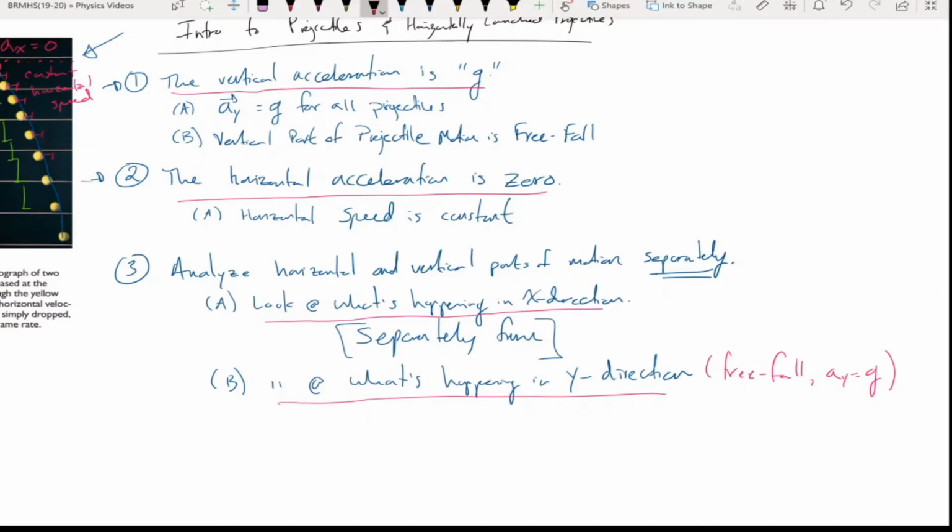Well, look at number 2, the horizontal acceleration is 0, so this is going to be constant speed, or constant velocity, in the horizontal x direction, and we can say a sub x is 0.